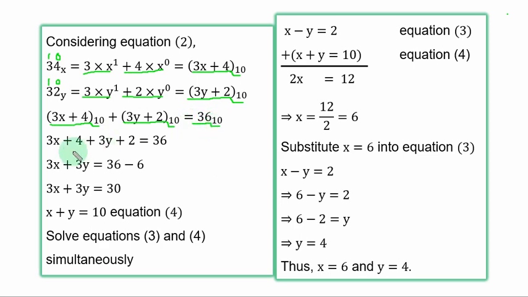If you open the brackets, you have 3s plus 4 plus 3y plus 2 equal to 36.